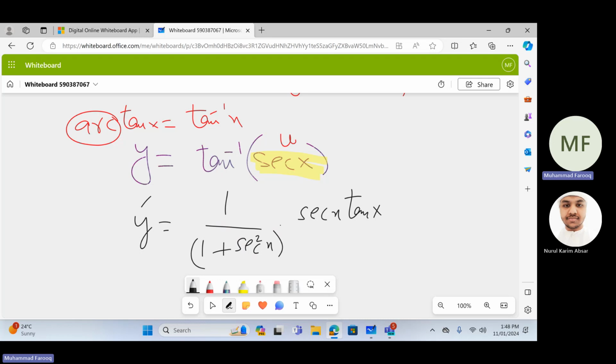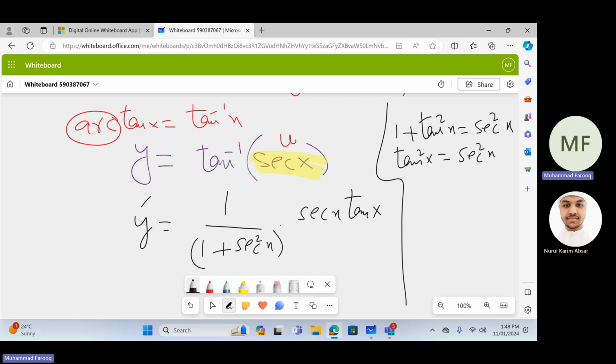But unfortunately, this does not match the identity here, so you cannot do anything more. So that's the answer: secant x tan x divided by 1 plus secant squared x. Please, my friend.